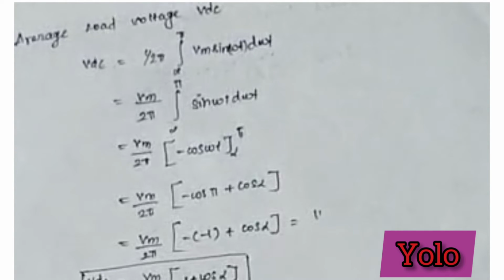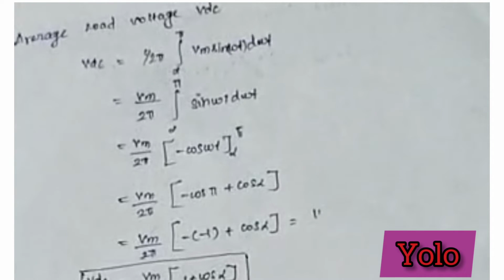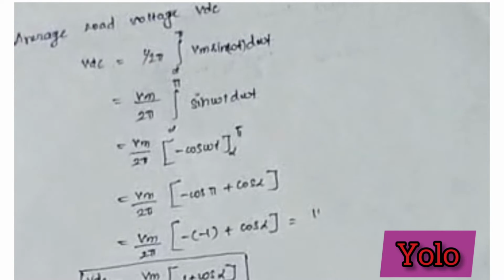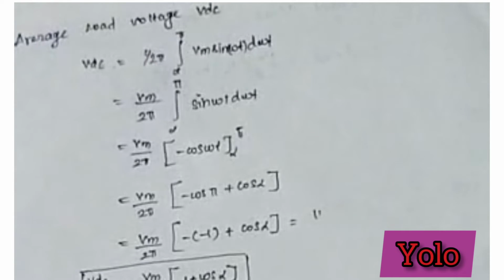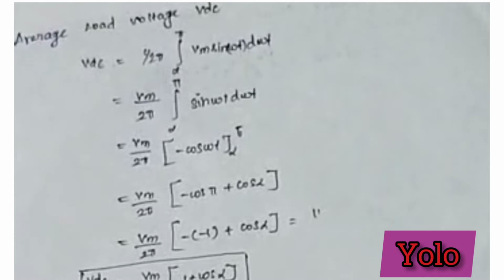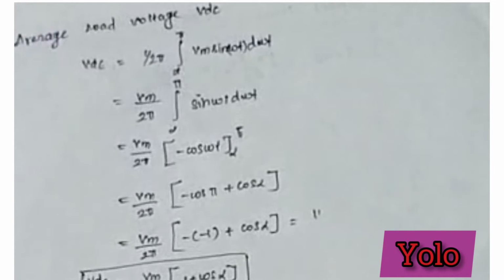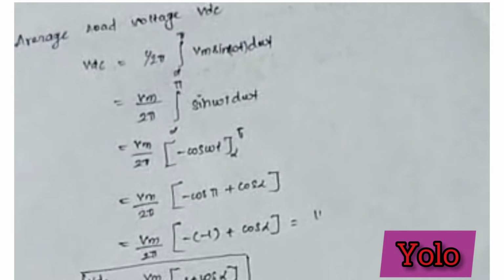Vm is the peak voltage of the supply voltage, so we can take Vm divided by 2 pi outside, the integration of alpha to pi sin omega t d omega t. The integration of sin omega t is minus cos omega t. We can substitute the upper limit minus the lower limit.